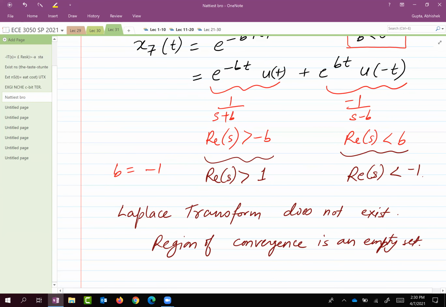So what we have done is we have looked at the Laplace transform of a bunch of exponential signals, right?